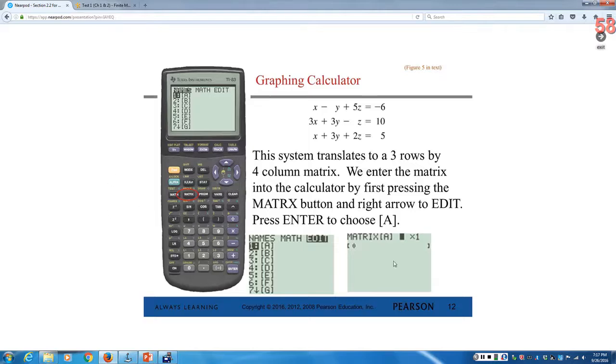And you're going to hit enter so that you can choose to edit matrix A. And when you get to matrix A, it just says 0 because there's nothing in matrix A in mine. Now yours may have numbers. That's okay. Don't worry about it. We're going to change the numbers and you can type right over the top of them.